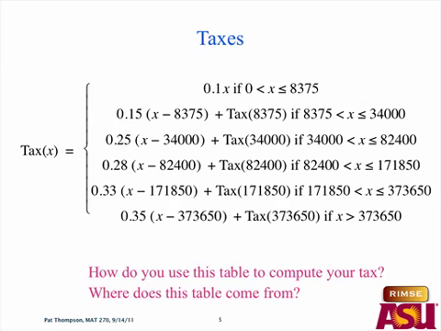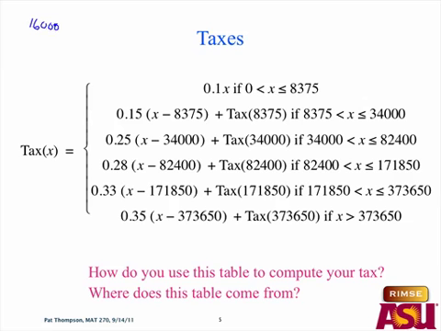So which line are we going to go to for 50,000? This one? Yep, we put 50,000 in, and so how much do we make that's taxed at 25%? $16,000.